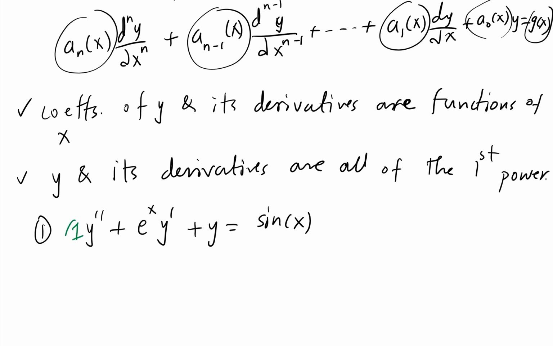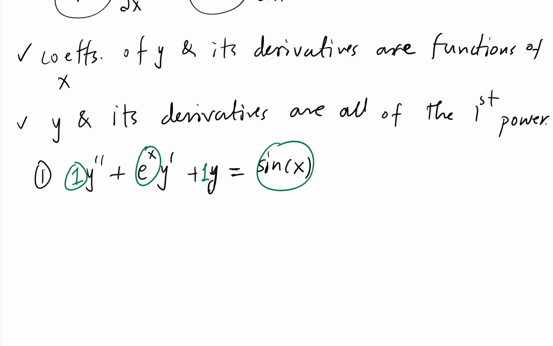We have a 1, we have e^x, and a 1 in the front, and sine x. All of them are functions of x, right? And all of the derivatives here are of the first power. So this is linear.